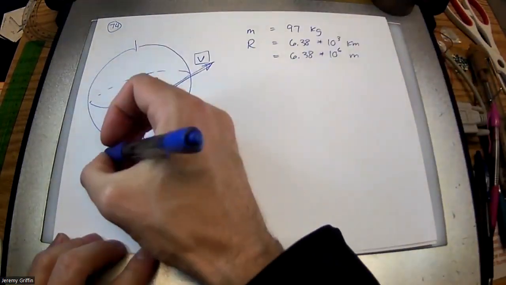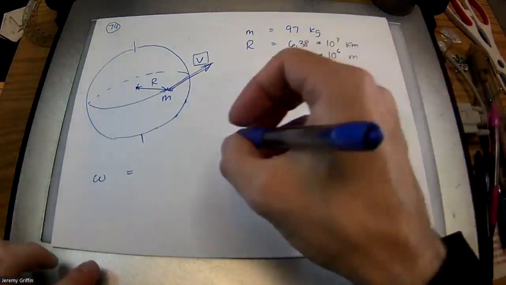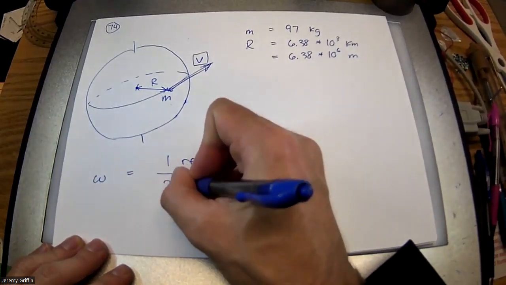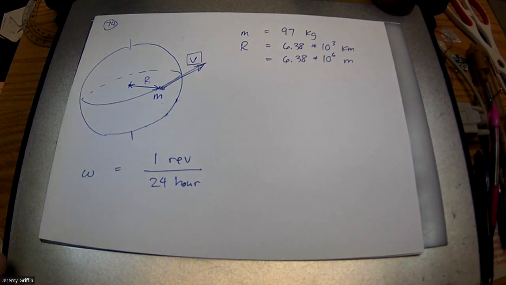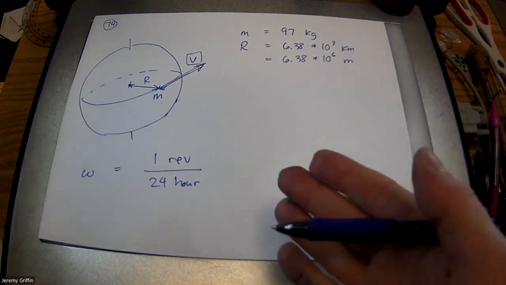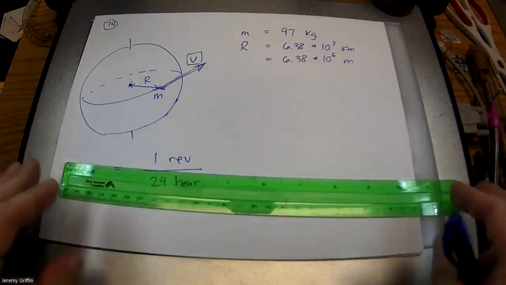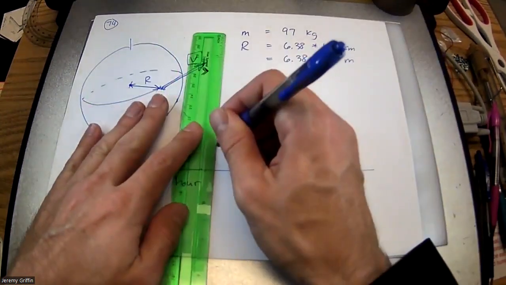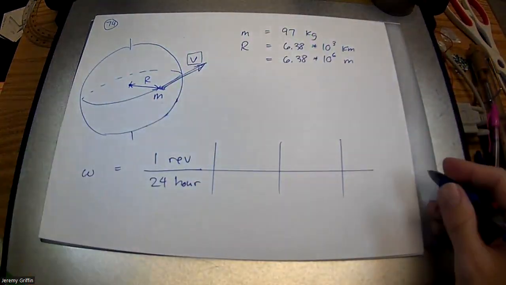Well, I can think that the angular speed of the Earth is 1 revolution every 24 hours. Wouldn't that be true? Now, revolutions per hour is not a number I can do math with, but I can convert this to radians per second. Let's set up some railroad tracks.